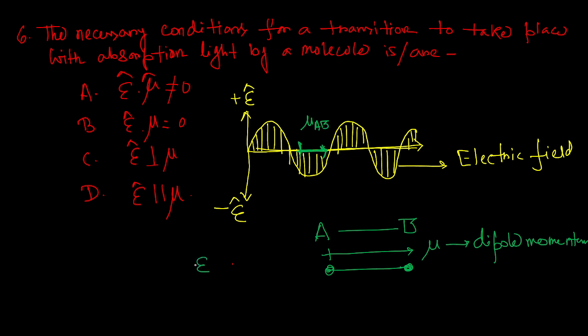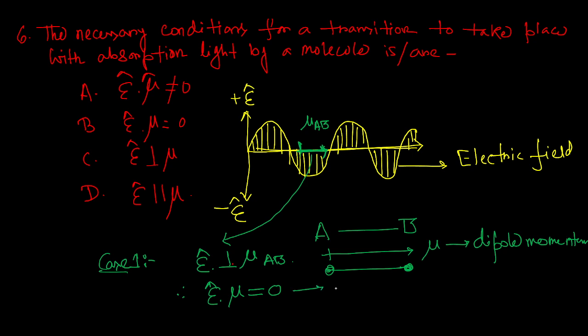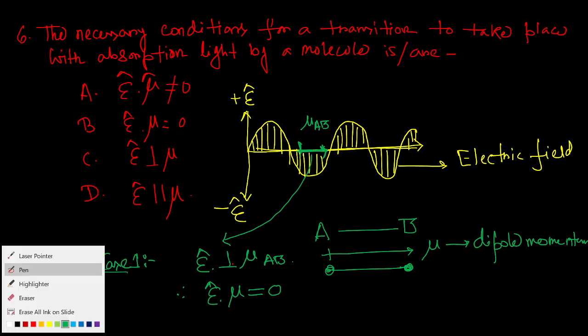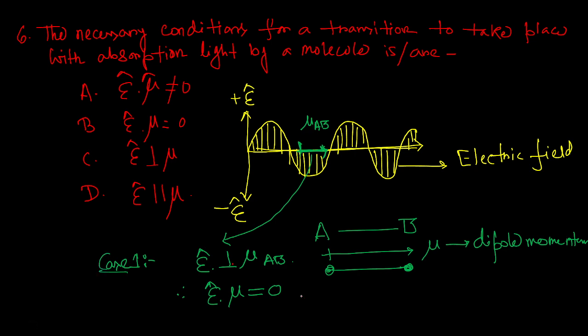Therefore, in that case, case 1, mu is perpendicular to the electric field, then the dot product is nothing but cos 90 degree, so that will be 0. So there will be no effect, therefore there will be no transition.